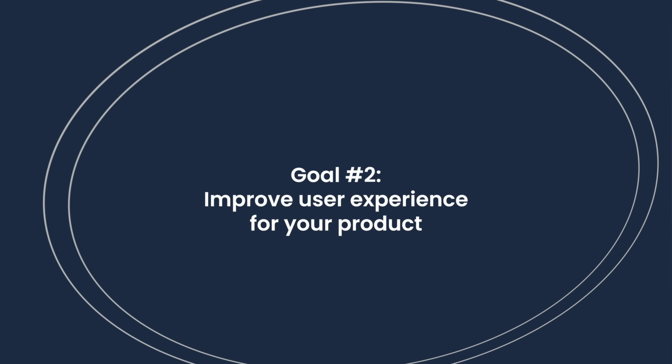Goal number 2, improve user experience for your product. Confusing or broken transactional emails can negatively impact user experience, as they don't drive the necessary actions like finishing account setup, taking security measures, confirming the email, and so on. AI, and behavioral analysis in particular, can help you identify how users treat your transactional emails and where the problem may be.